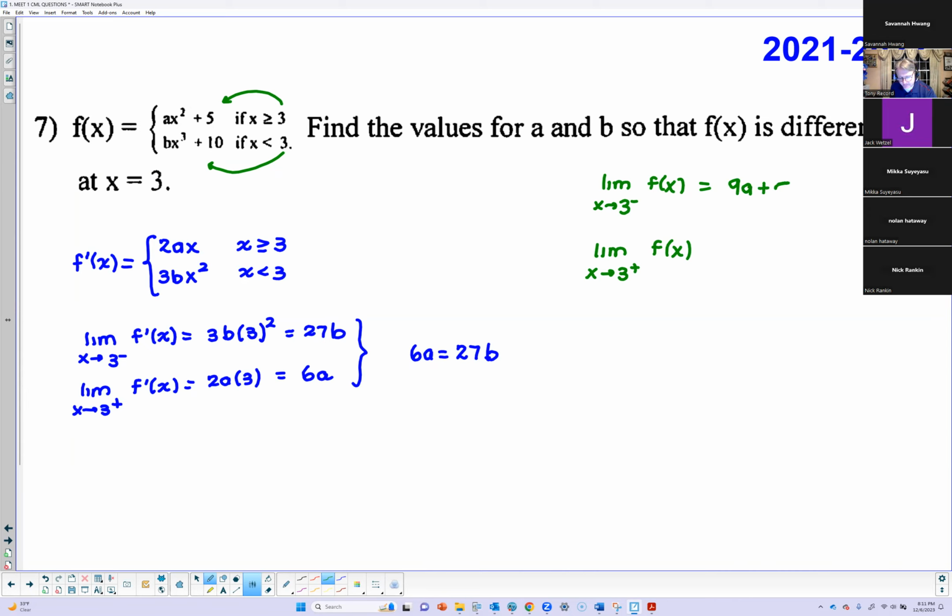9a plus 5. What is this, guys? 27b plus 10. And what do we know about those two things? They must be equal. So for the second time on the CML, you have a system of equations.